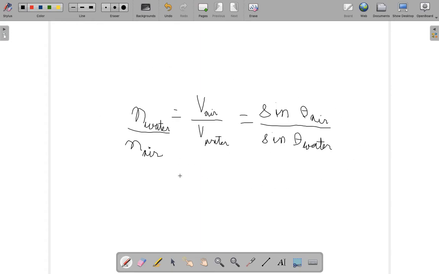So this is Snell's law relating the refraction of light in different mediums through the speed and the angle at which they interact.